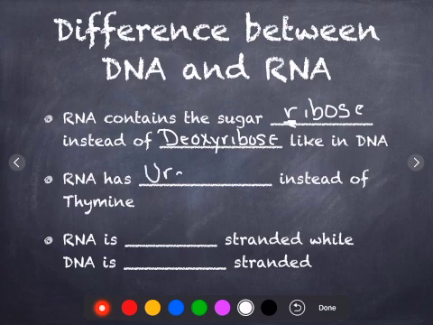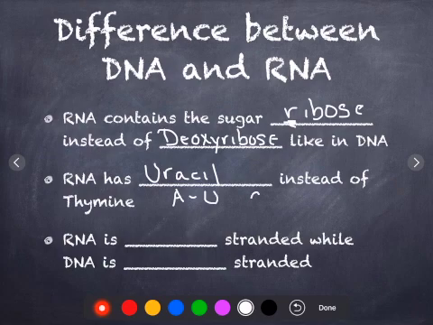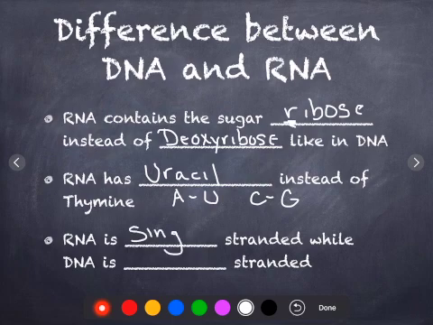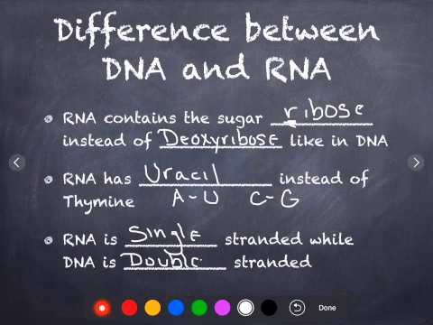It has uracil. So in RNA, instead of A bonding with T, we have A bonding with U and our normal C bonding with G. And also RNA is single-stranded while DNA is double. Okay, so there's a couple slight differences here. Again, the big one is the A bonding with U.